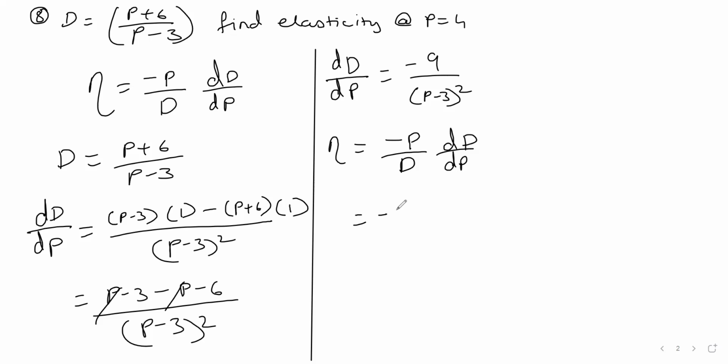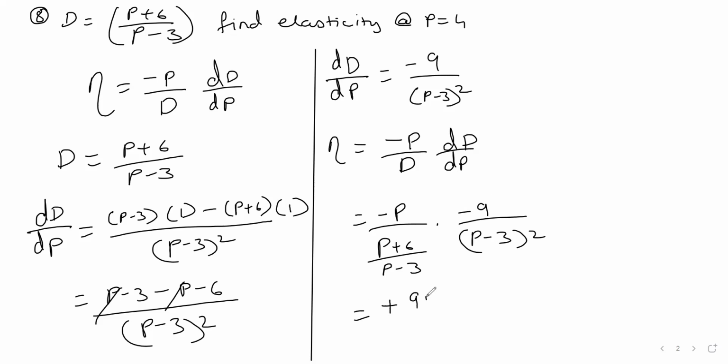This is minus P, D is P plus 6 upon P minus 3, into minus 9 upon (P minus 3) squared. This will go up. Minus minus becomes plus, 9P into (P minus 3) upon (P plus 6) into (P minus 3) squared. So this and this will get cancelled.